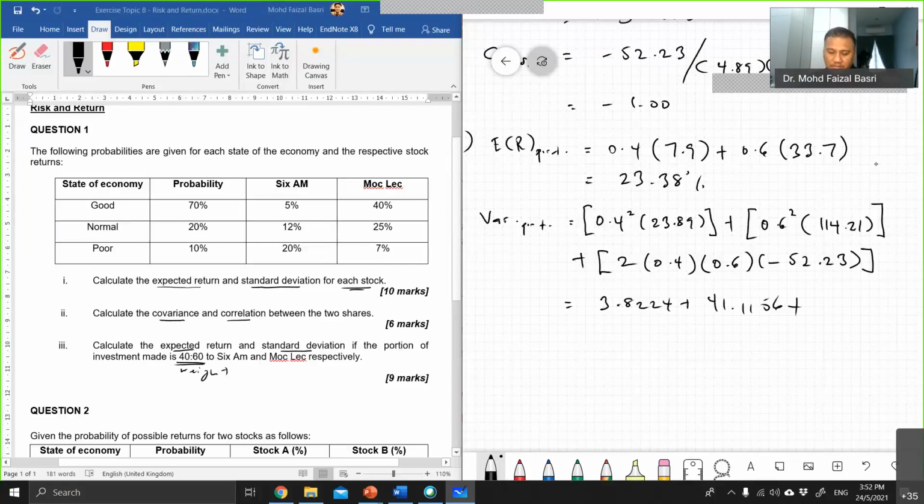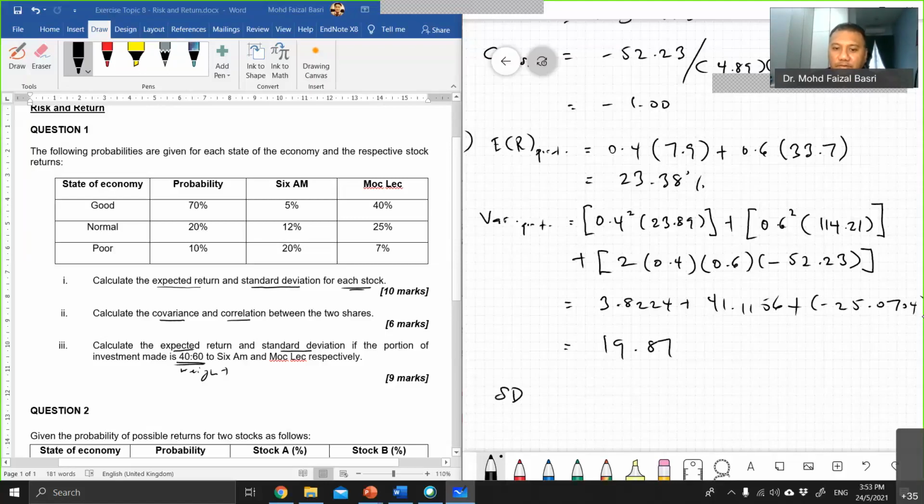The last one is 2 times 0.4 times 0.6 times the negative covariance, so you get a minus 25.0704. So 3.8224 plus 41.56 minus 25.0704, I have a variance of 19.87.